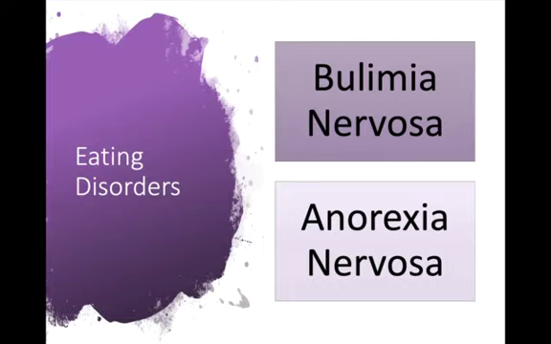So another category of not GI, but acidic type of issues can be eating disorders like bulimia and anorexia. And we definitely have some oral indications in both of these.